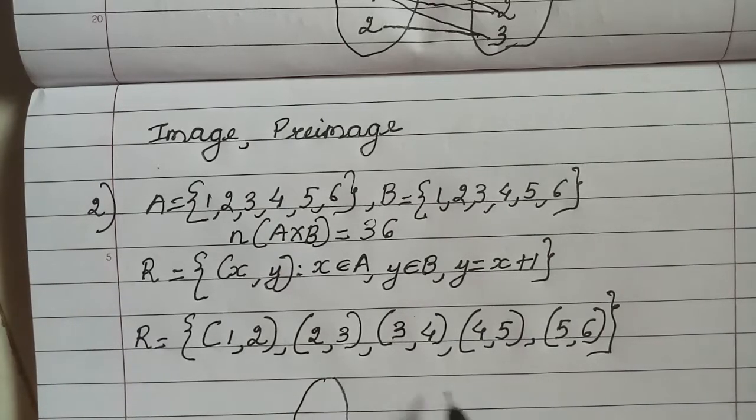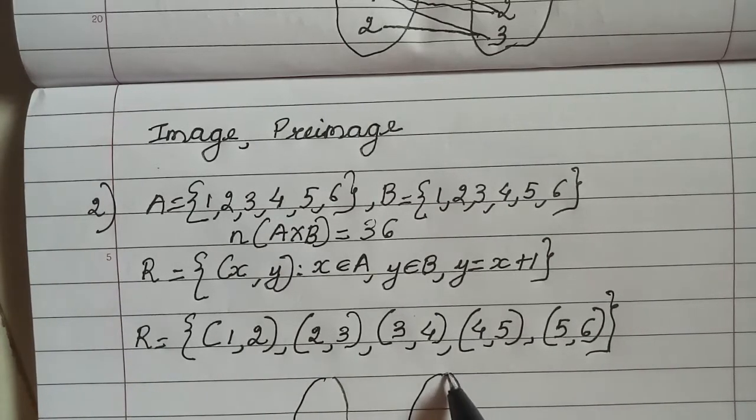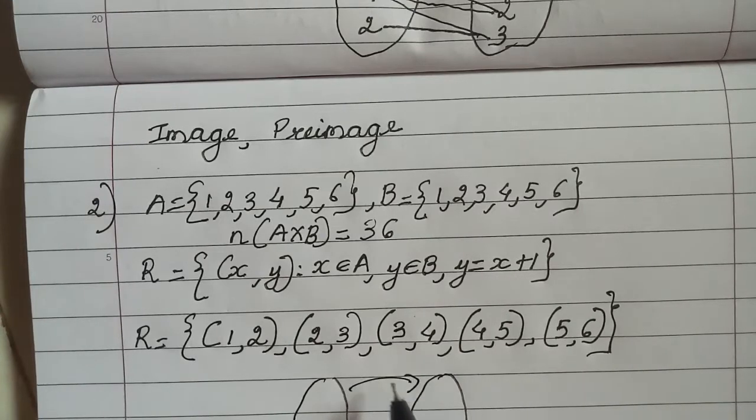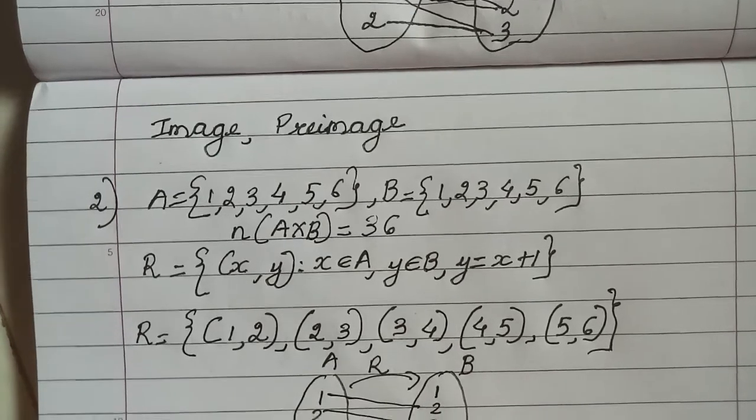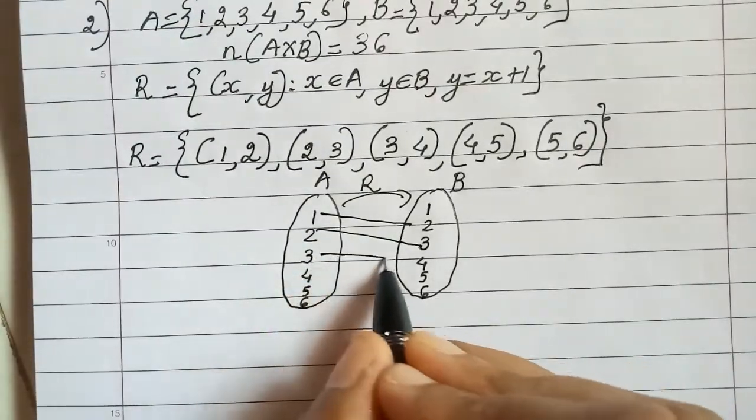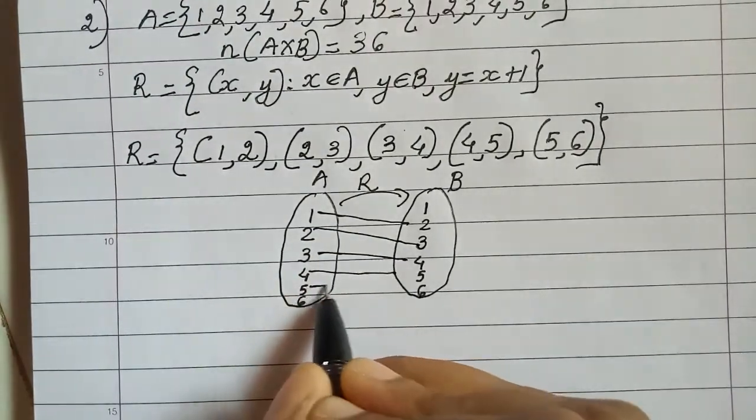You can, if you want, represent it diagrammatically. Under the relation R, I have a set A and a set B. Here I have elements 1, 2, 3, 4, 5, 6, and here also I have elements 1, 2, 3, 4, 5 and 6. So here you can see 1 goes to 2, 2 goes to 3, 3 goes to 4, 4 goes to 5 and 5 goes to 6.